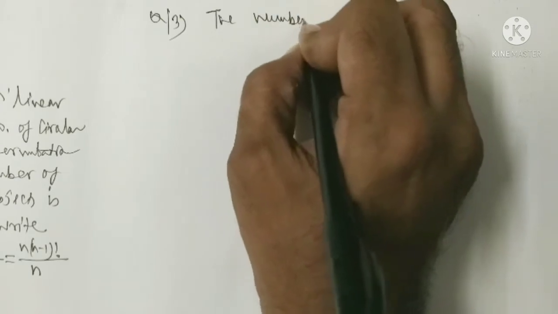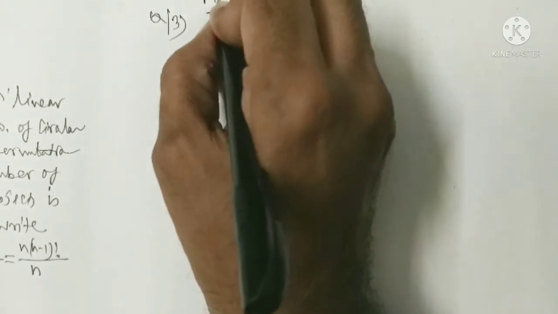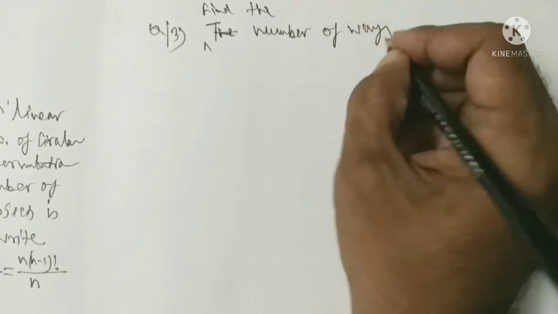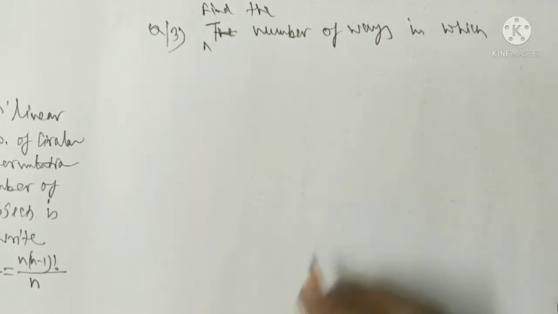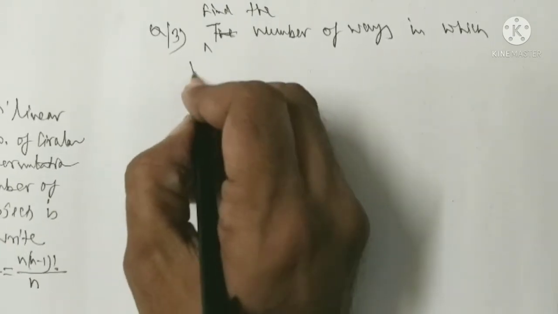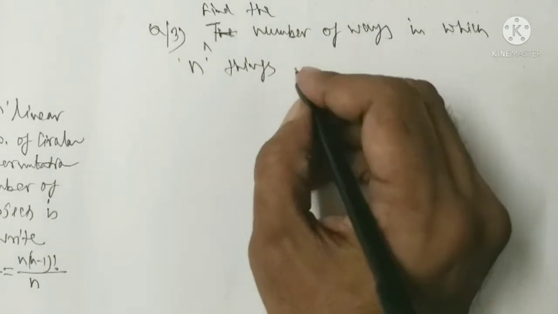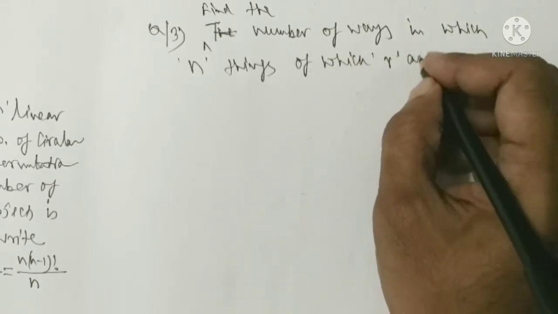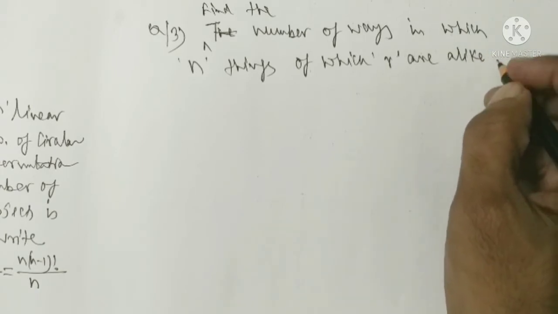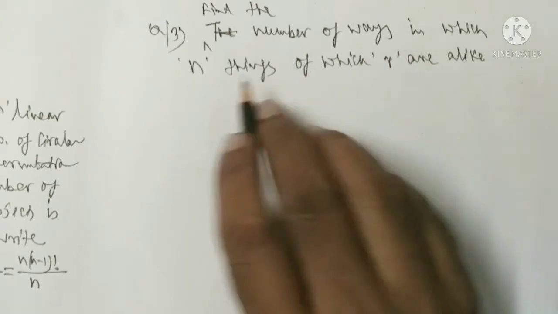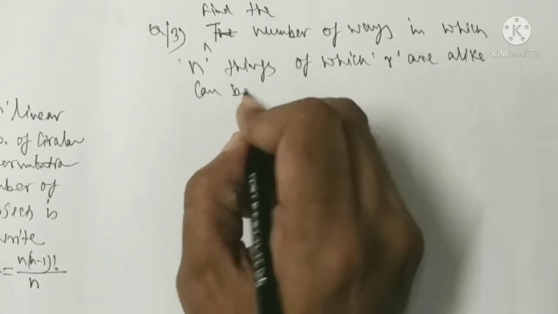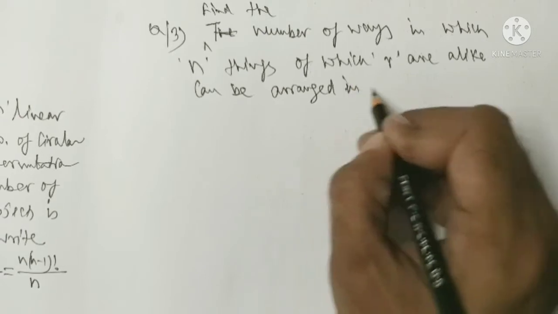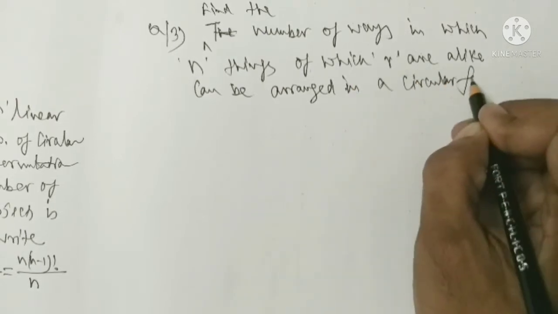Find the number of ways in which n things of which r are alike can be arranged in a circular order, in a circular fashion.